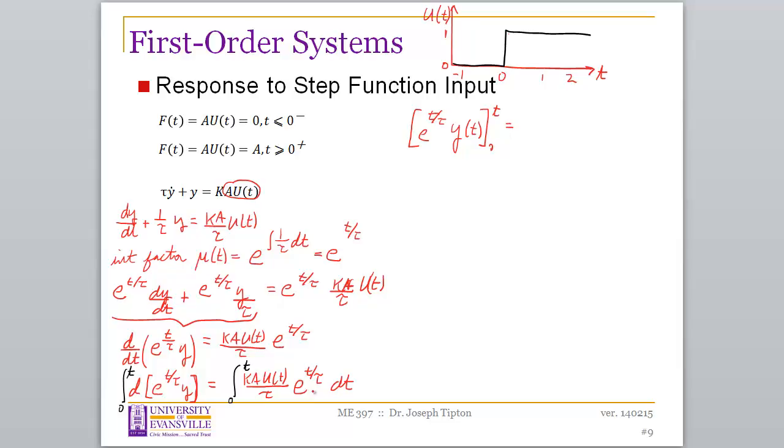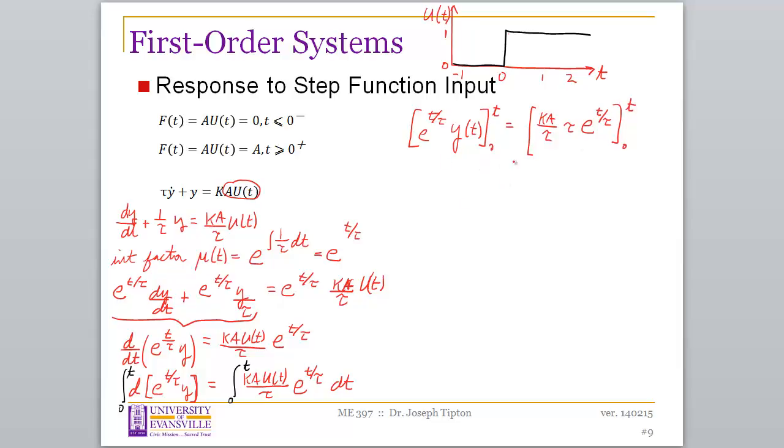And then my right-hand side, I'm integrating this with respect to time. And we see time is sitting right here. I can carry that out, and I end up with Ka over tau times tau times e raised to the t over tau, evaluated from 0 to t.